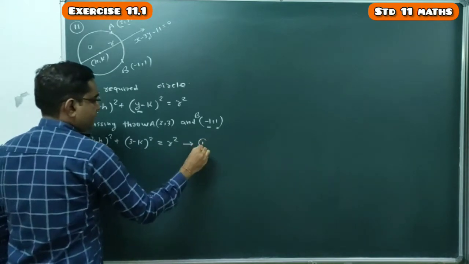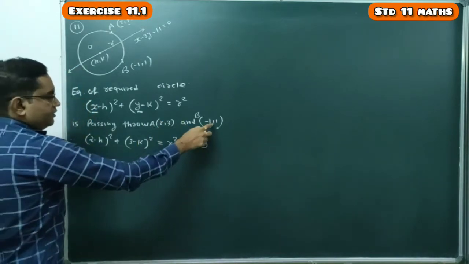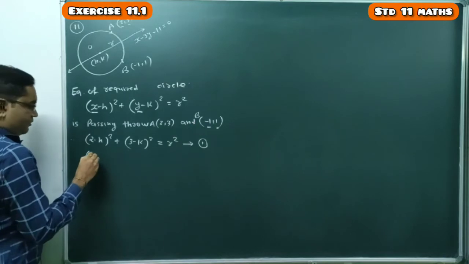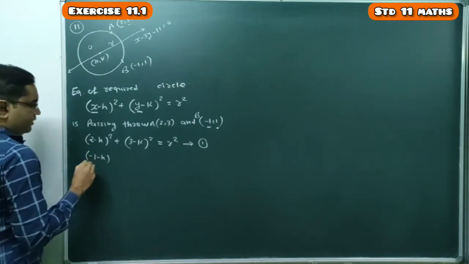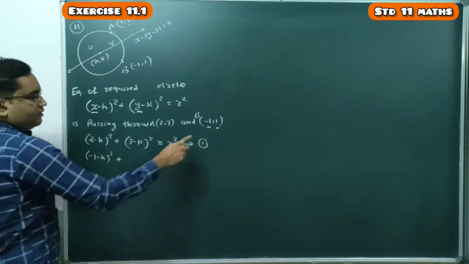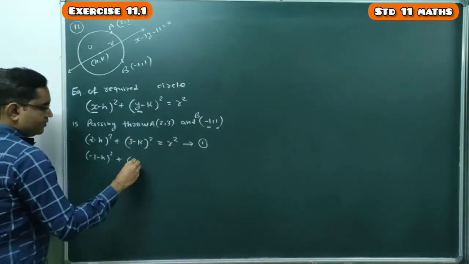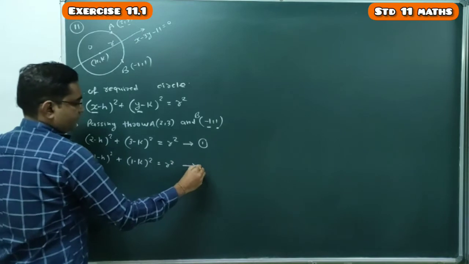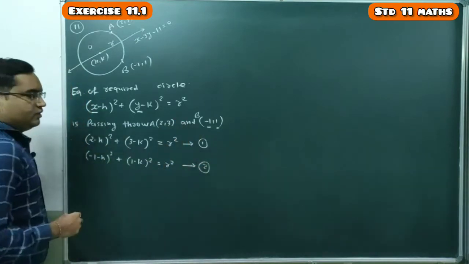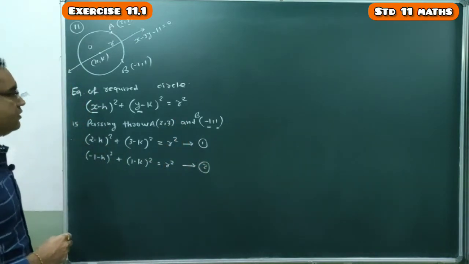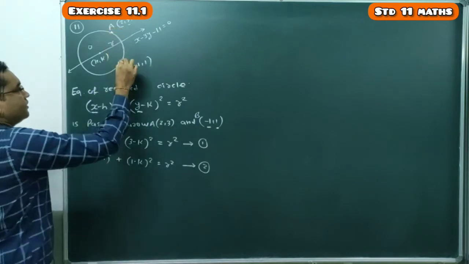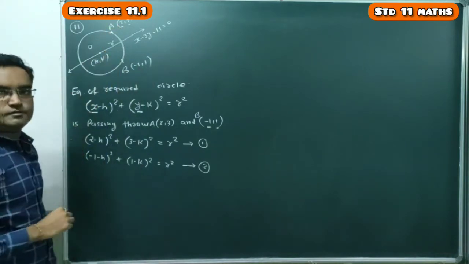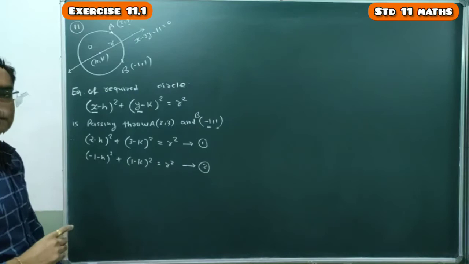Call this equation number 1. And for this point: minus 1 minus h whole square plus 1 minus k whole square equal to r square. This is our equation number 2. From these 2 given points on the circle, we are getting 2 equations.